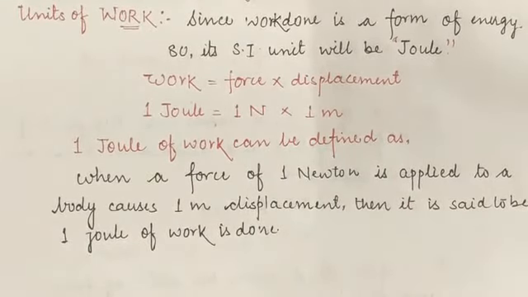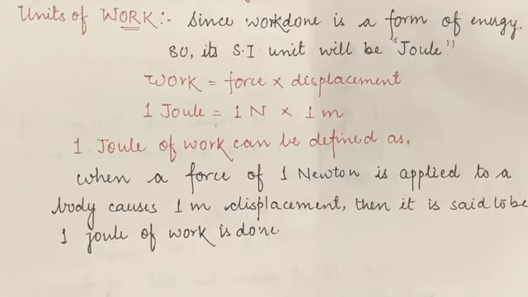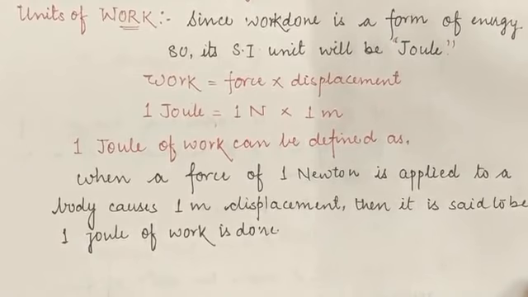Children, as we know, physical quantities always have two types of units, like bigger units and smaller units. So kilojoule and gigajoule are bigger units of work done.